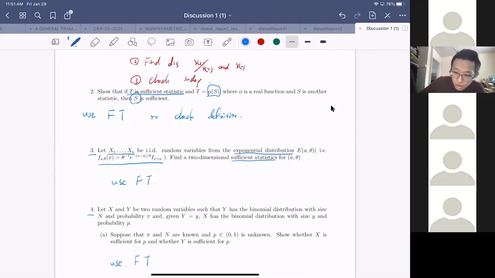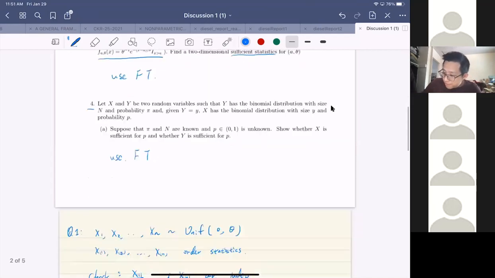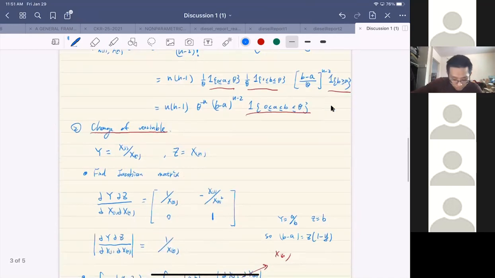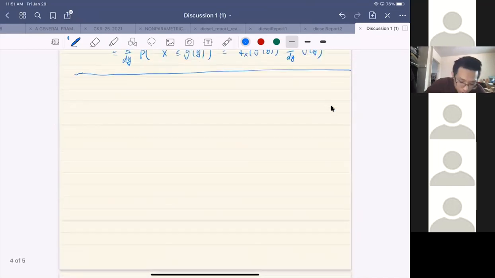Okay, let's go through the questions. Question 2: if T is sufficient.